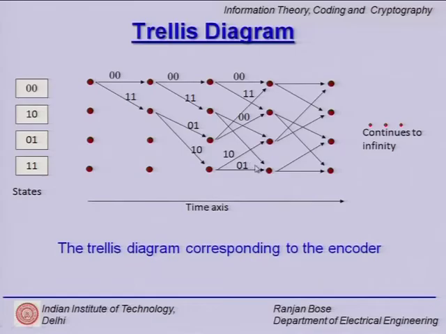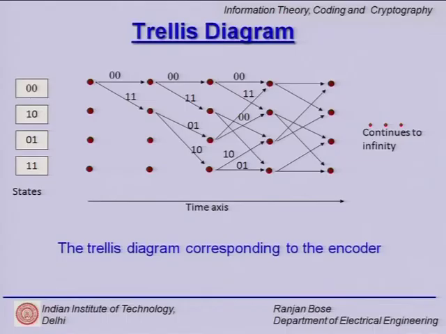We just read out whatever is written on top of the branch that we transition along, and that is the output. So, the input stream is just a direction that whenever you hit a node, tells you whether you go on top or on the bottom. So, it is extremely easy to encode.